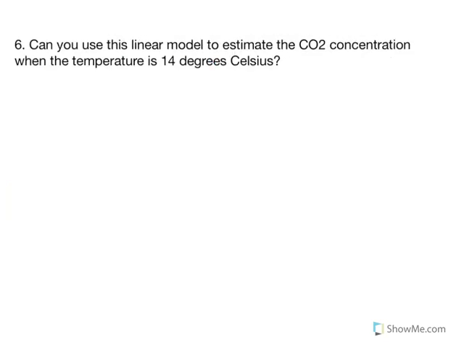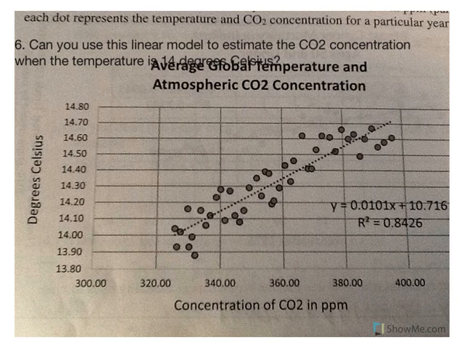Can we use this linear model to estimate the CO2 concentration when the temperature is 14 degrees Celsius? I think I need a picture for this one. All right, so I just add this picture quick. Now, we know the scope of the model is all about the X value. So 14 degrees Celsius is here, that's a Y value.